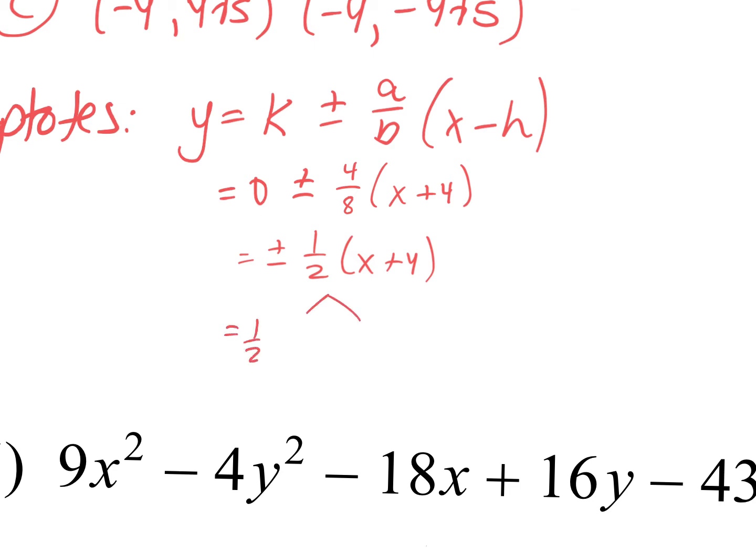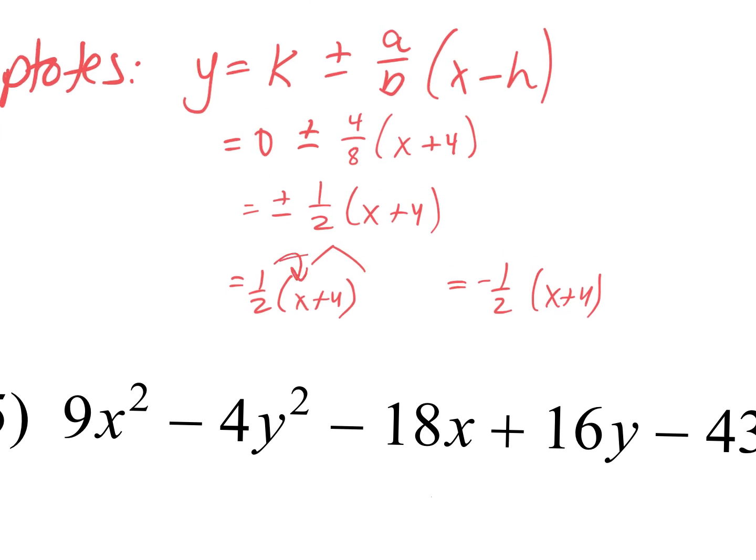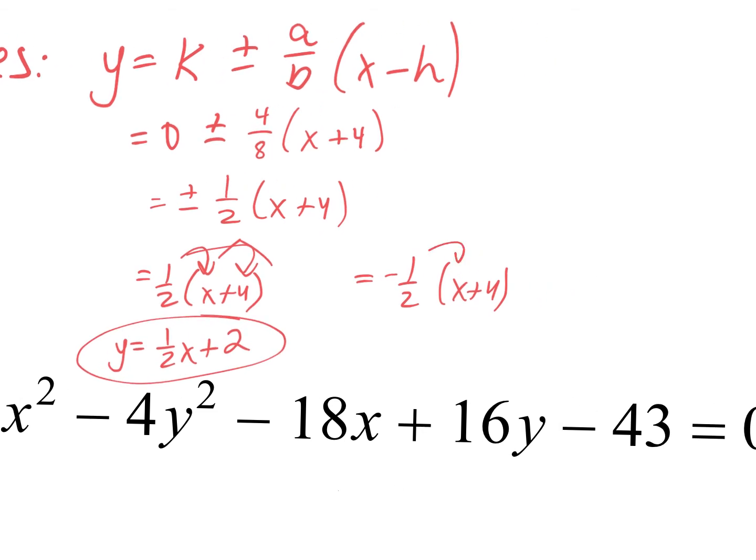This is 1/2 times X plus 4, and this is also -1/2 times X plus 4. So when I distribute here, I get Y equals 1/2 X plus what? What's 4 times 1/2? 2. Good, Miss Carver. And then over here, when I distribute, I get Y equals -1/2 X, what? -2. Good, Kennedy.